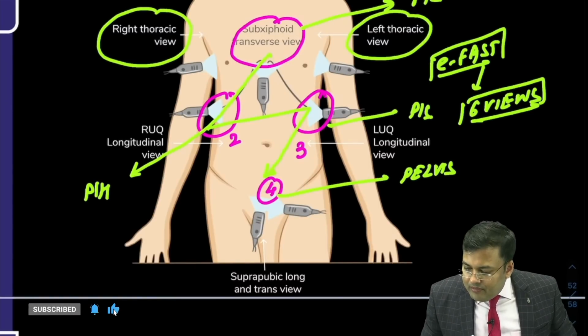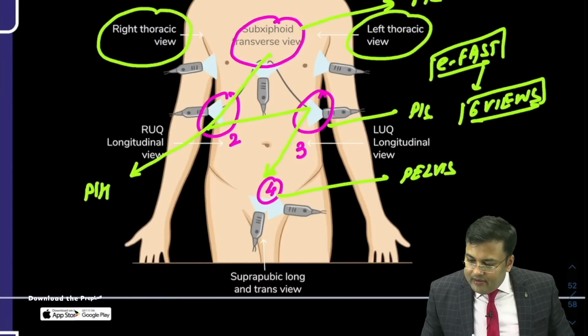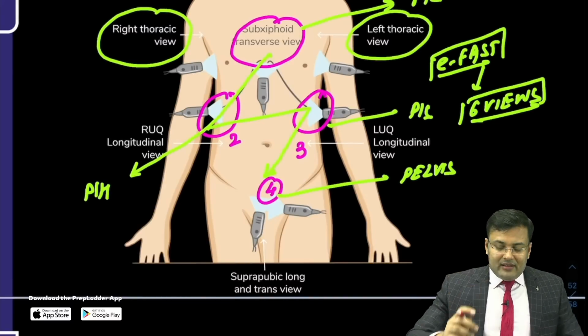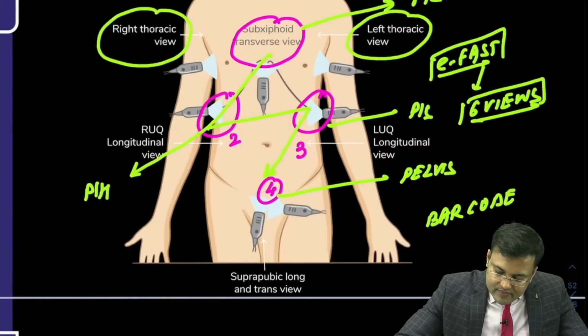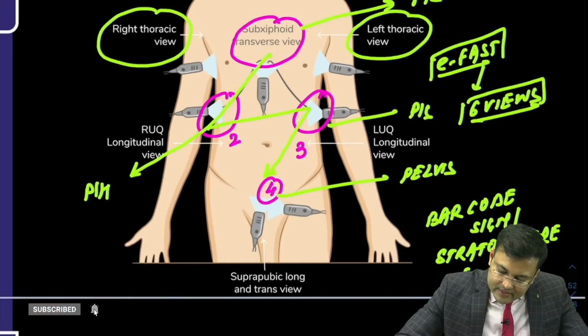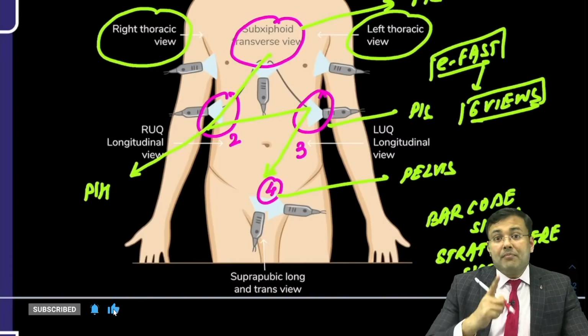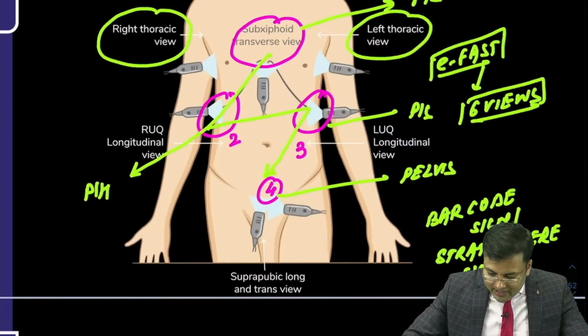Very good, all of you are correct. This is barcode sign, also known as stratosphere sign. Clear? So, these are important questions related to FAST.